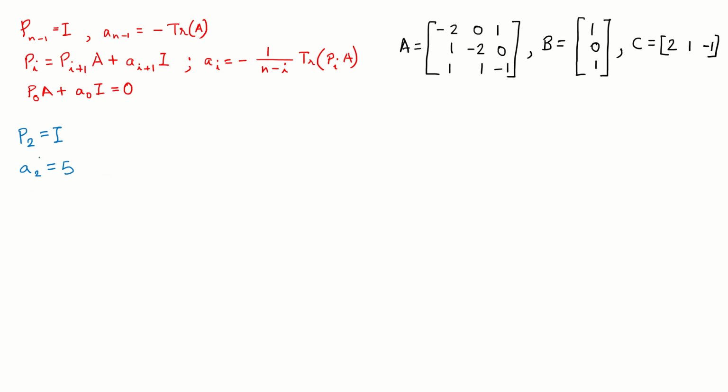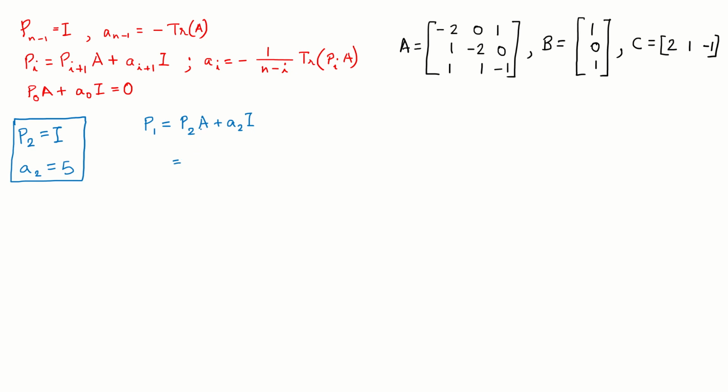So P2 and A2 we have found out. Next step we will use this information. In the next step we are trying to find out what is P1. P1 is basically P2 A plus A2 I. What is P2 A?